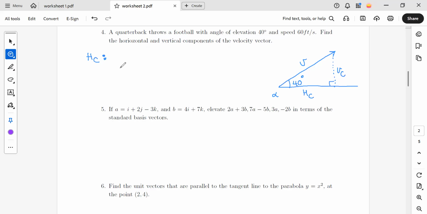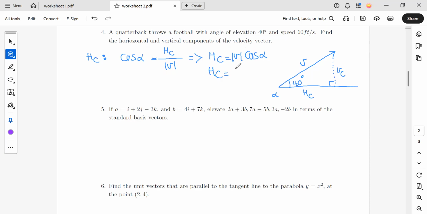So adjacent is related to cosine. So if I want to find cosine of alpha, that would be the horizontal component, this part here, divided by the absolute value of V. So the horizontal component will be the absolute value of V times cosine of alpha.